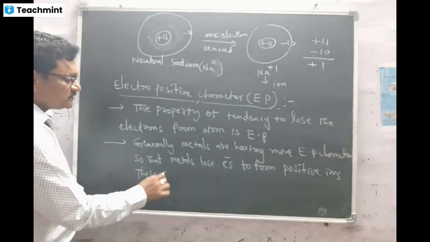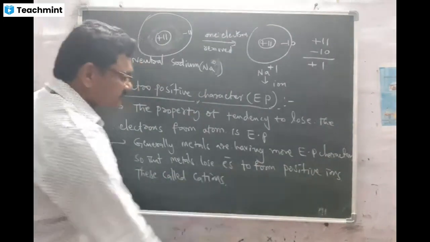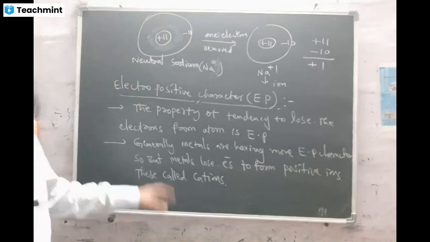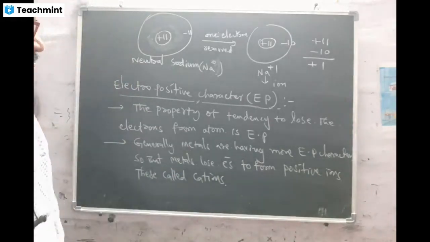These are called cations. Positive ions are called what? Cations. So these are very important things. I will explain clearly, just you note down.